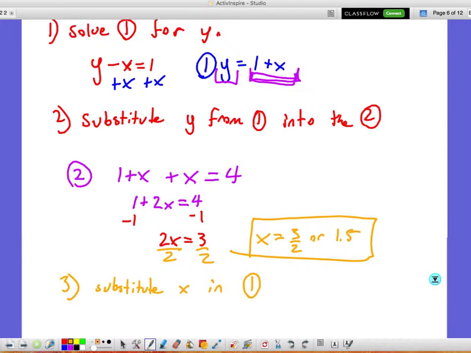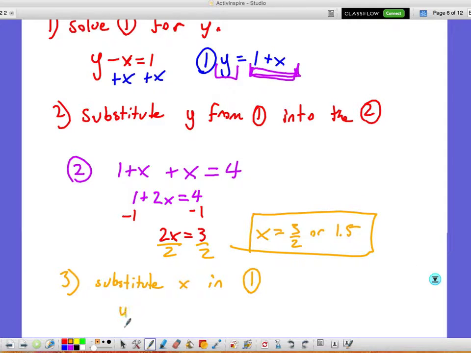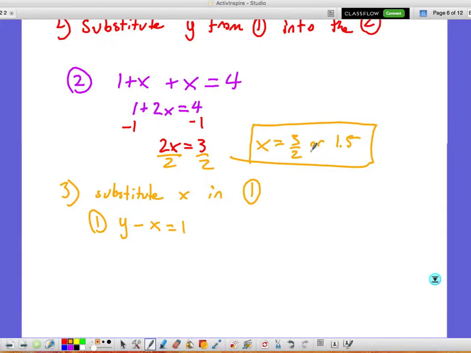Alright, so we're going to take equation 1, y minus x equals 1. This is my equation 1. And since I already know what x is equal to, instead of writing x, I'm going to write 1.5, is equal to 1. So now what we can do is substitute x into the first equation and solve for y.